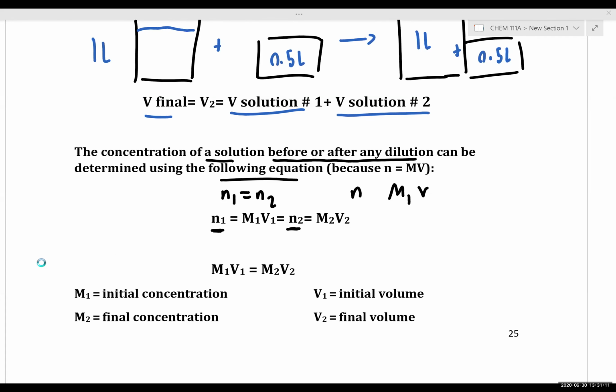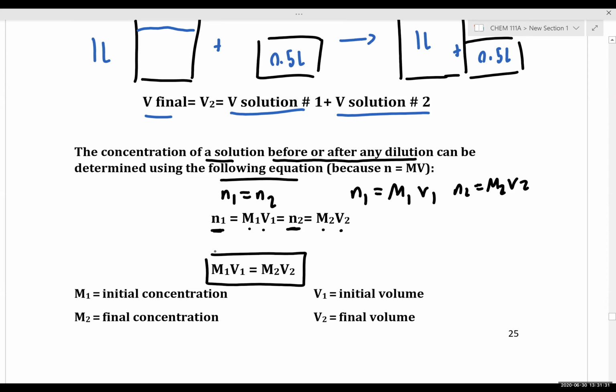Okay, so we know that the initial and final moles are the same. We can express the moles in terms of molarity times volume. So the initial molarity times the initial volume is equal to the final molarity times the final volume.